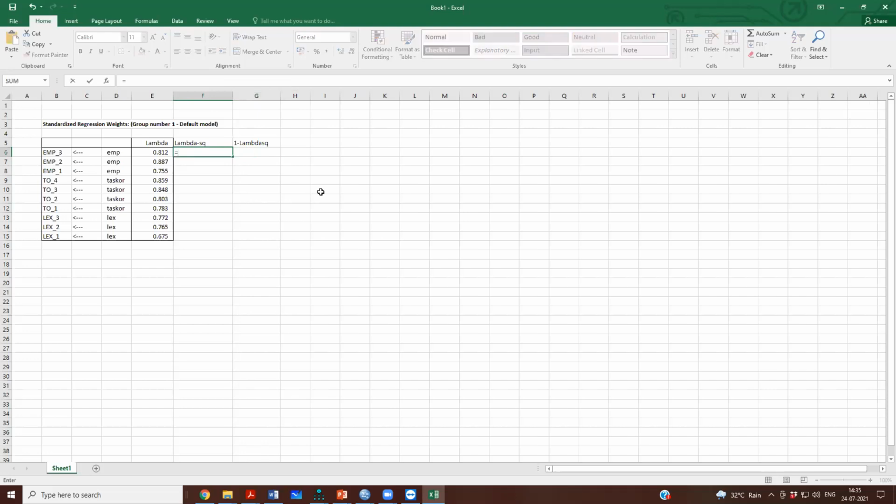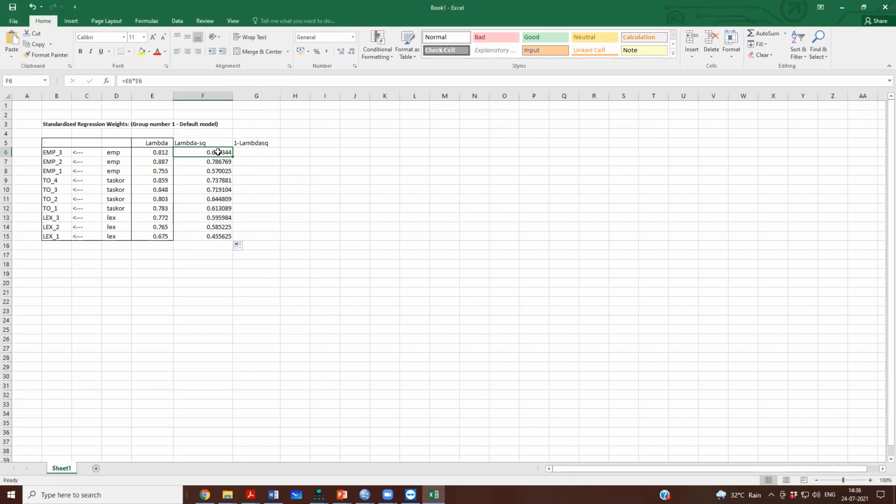So what is lambda square? It is nothing but lambda multiplied with lambda. E6 multiplied with E6, that is lambda square. And then you pull down this formula to all the cells in your Excel sheet. This is very simple Excel computation.